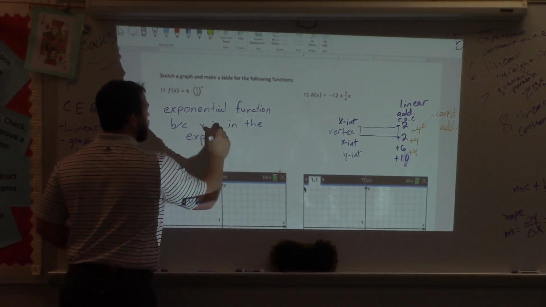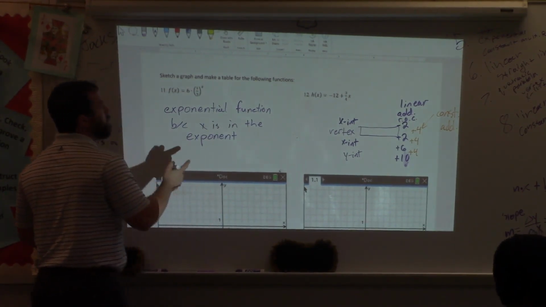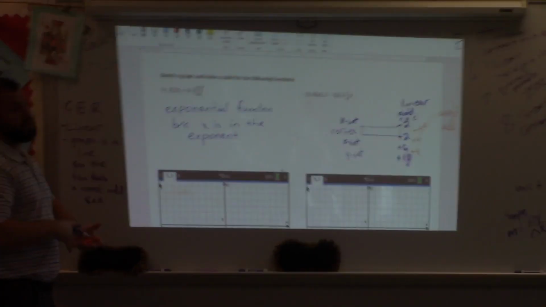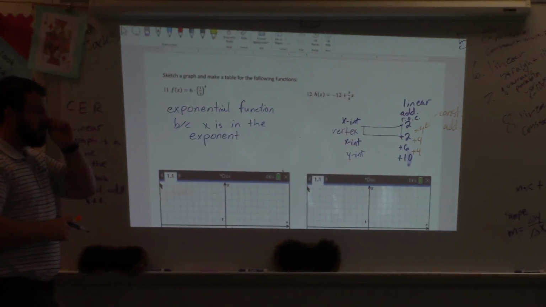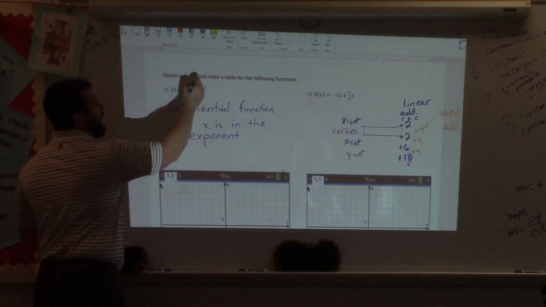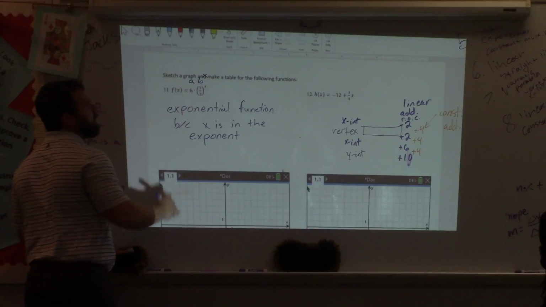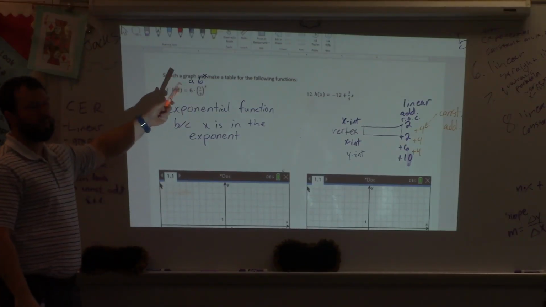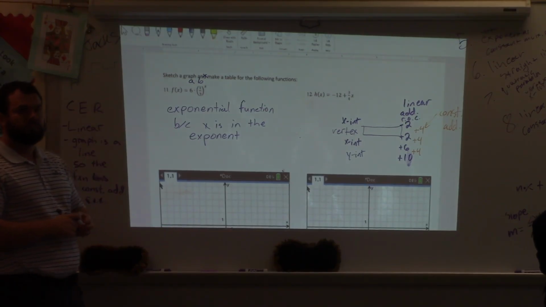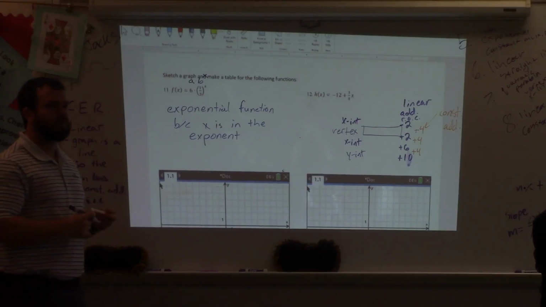Now, some of us definitely need practice making graphs and tables with these, and so that's why I have this on here as a practice thing for you. Now, what I do want to point out is this. When we look at this exponential function, this a times b to the x, what should we hopefully remember about a and about b here?